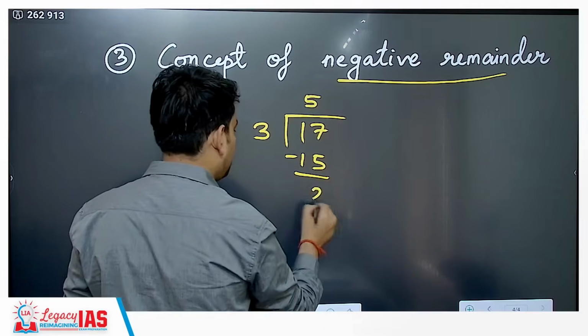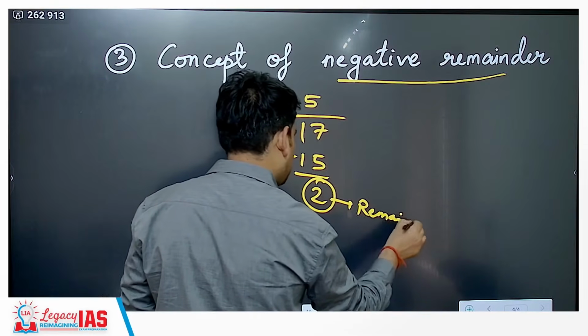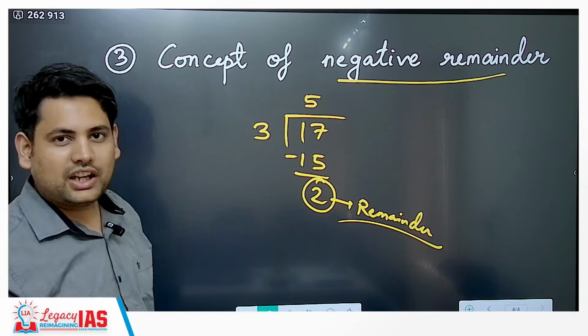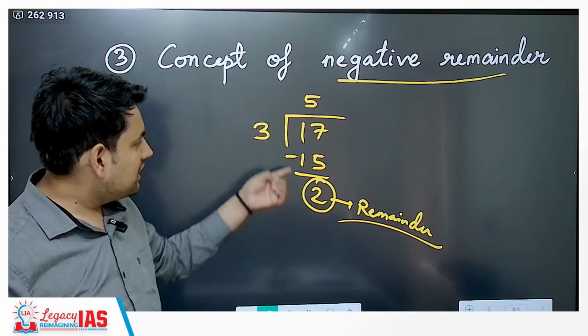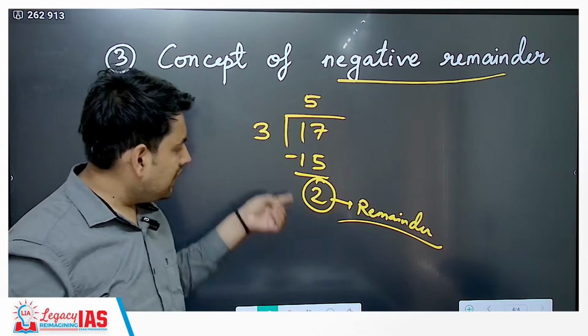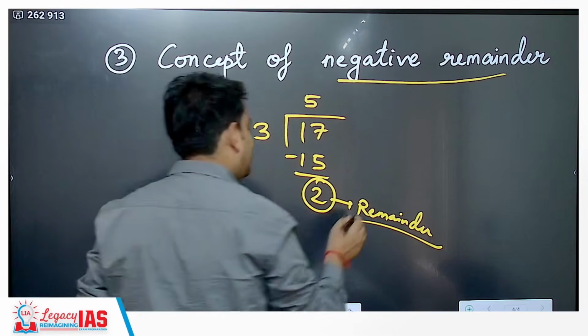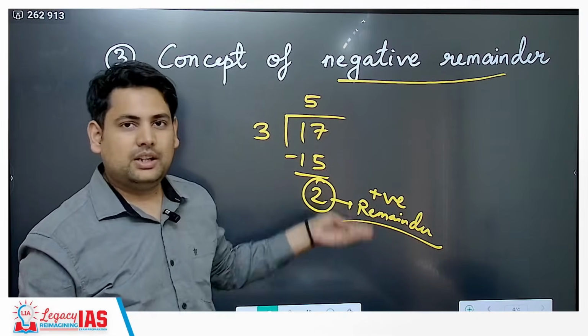And what you get? 2. Now you call this 2 the remainder. This is what you have done since childhood. At that time you must have learned that you eventually get a remainder of 2, whatever remains. Now at that time you didn't know, but this is actually a positive remainder.